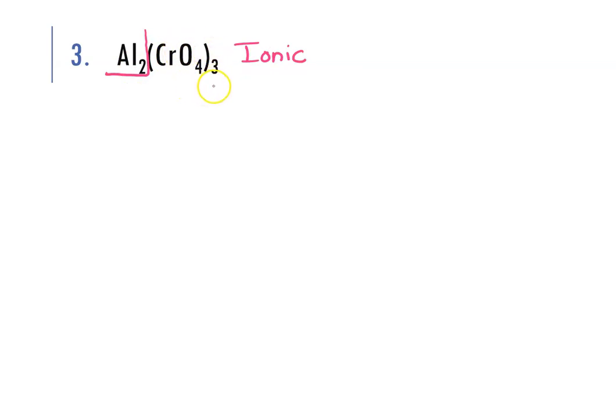So for ionic compounds, since we're only concerned with the elements in the polyatomic ions and not the subscripts, we don't care how many we have. The only time we care how many we have is if it's a molecular compound. So this 2 on the aluminum doesn't matter. It only matters that the name of this element is aluminum. And then if we look at the second part of this, we're only concerned with what's inside the parentheses.